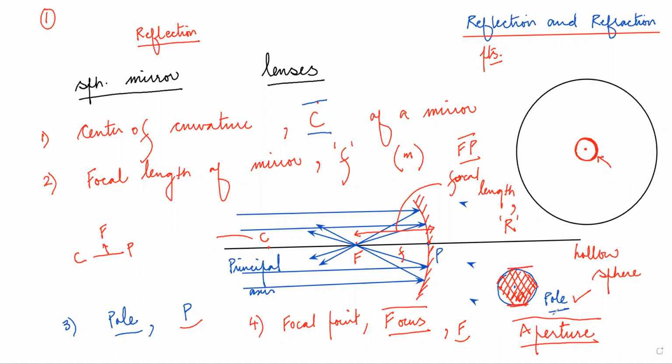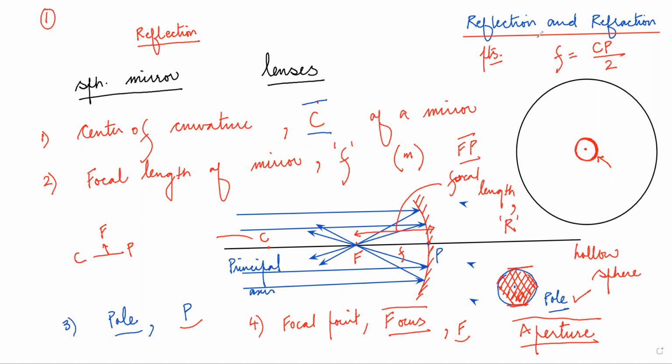What do we want to say? That means for small aperture mirrors, the focal length F would be equal to half of the distance between point center of curvature and pole of the mirror.